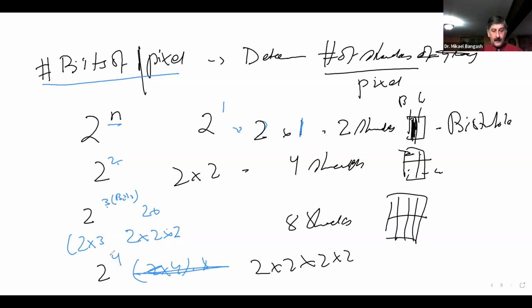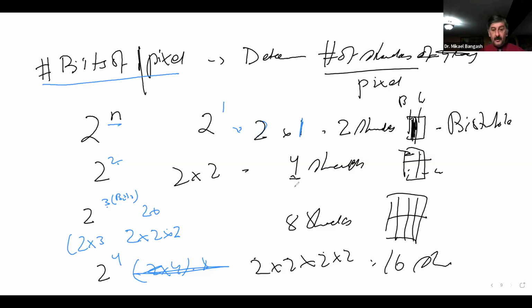So in that case, 2 times 2 is 4, times 2 is 8, times 2 is 16 shades. Or let's say it's up to 16 shades. Did that make sense?